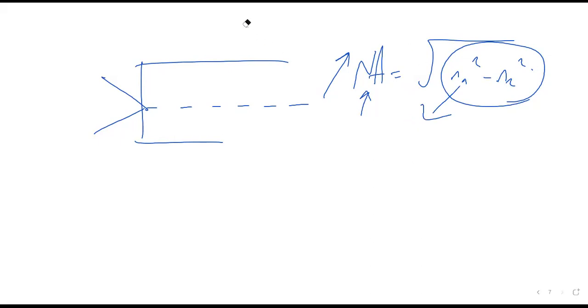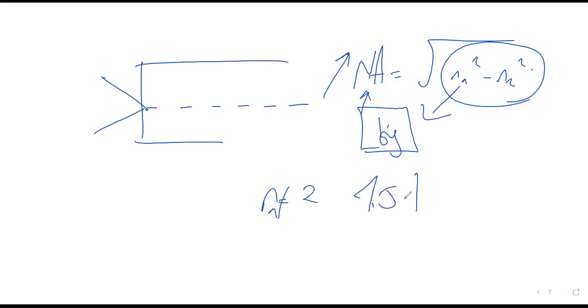But it has a limit though. N1 in optical fibers cannot be very, very big. It is very small, probably 1.5 or less.